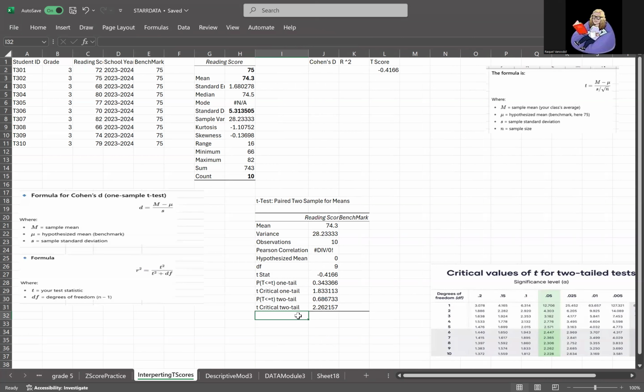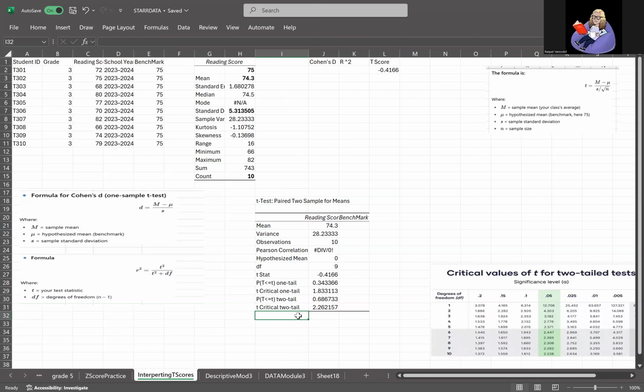So step 5, we use the t-table and the significance level, 0.05, and the degrees of freedom, which gives us a critical value of 2.26. If the absolute value of the test statistic is less than or equal to 2.26, then we fail to reject the null hypothesis, meaning that the test statistic, negative 0.416, is less than 2.262.